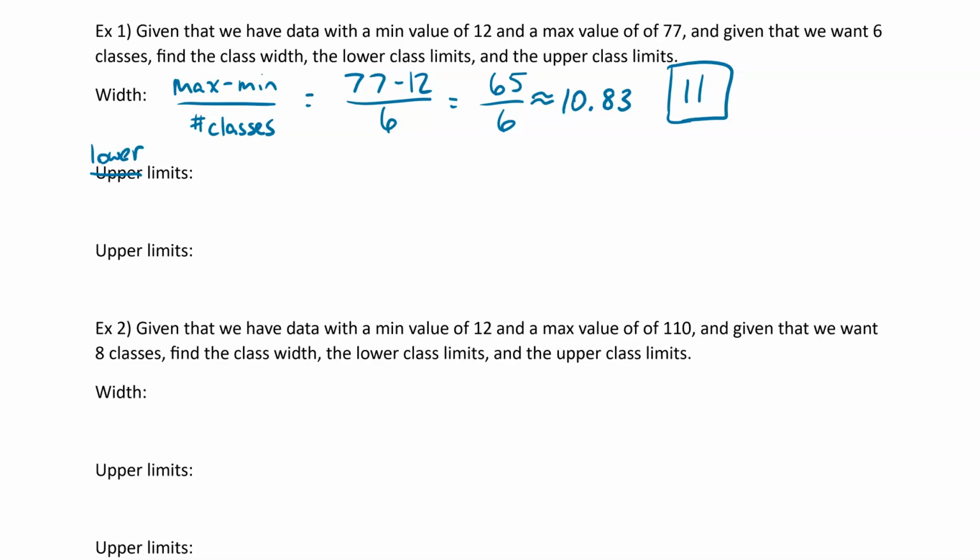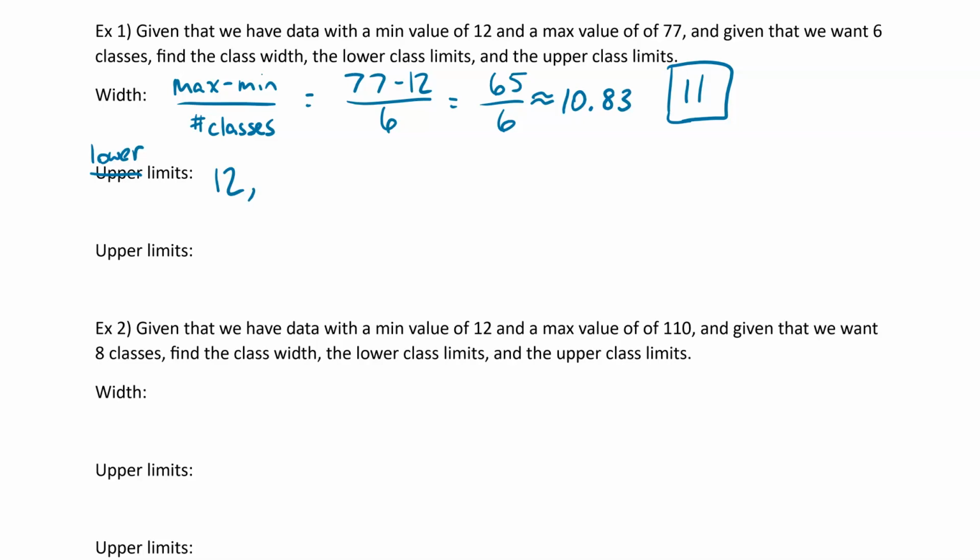So for the lower limits, all we're going to do is take the min, so 12, and then we're going to keep adding that width.